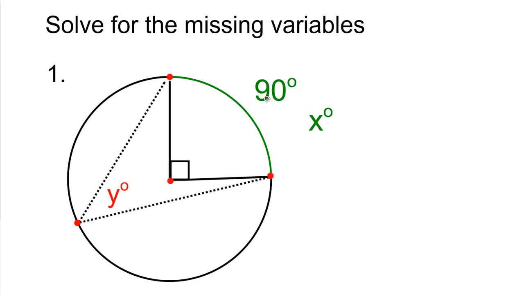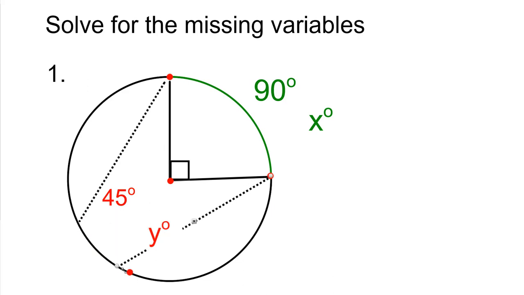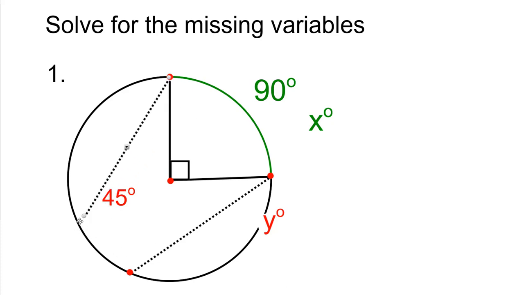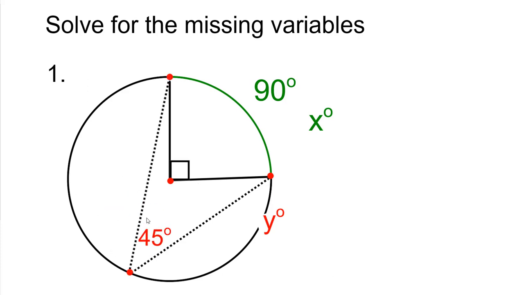And then what's the relationship between the measurement of the central angle or the arc and its inscribed angle? I showed you yesterday with GeoGebra how that's always going to be half. So half of 90 degrees is going to be 45 degrees. And regardless of where we move this point on the circle, it's still going to be 45 degrees.